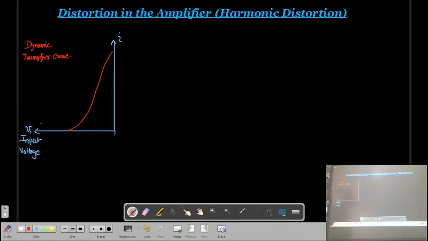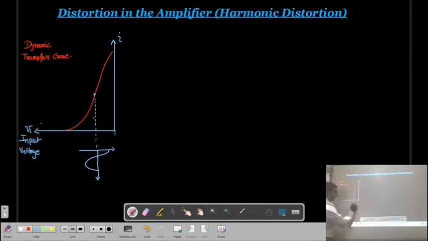Now we apply the input voltage, and input voltage means there will be a variation of the voltage here, and this will give you correspondingly the change in the output current. Okay? So if I apply, remember, my input signal is like this, and it is going to vary in this way.